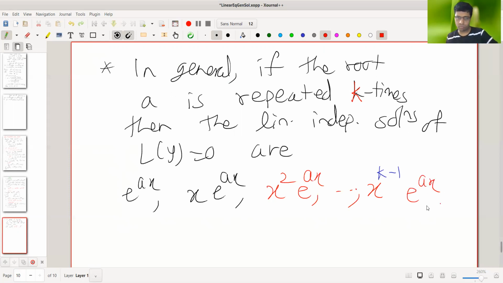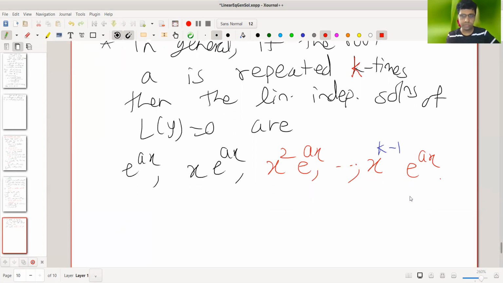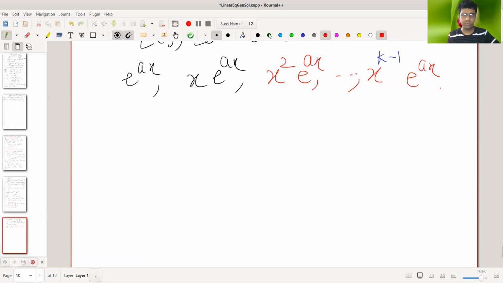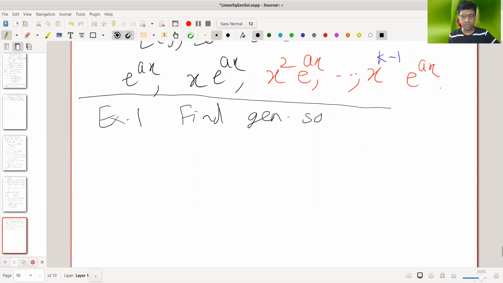Okay, now we solve examples. Example 1: find the general solution of y double dash plus 4y dash plus 4y equal to 0.